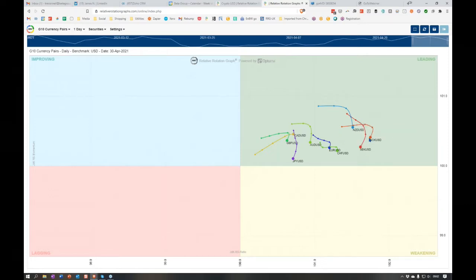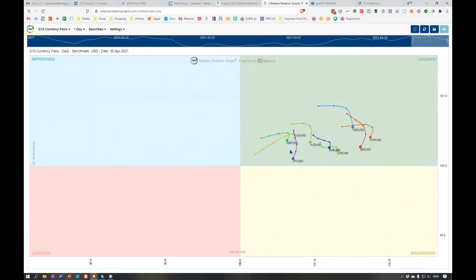So furthest to the right still is the Norwegian crown, which we were talking about last week. The Swedish also was up here last week, but compared to the other currencies, this is the best one to be in.